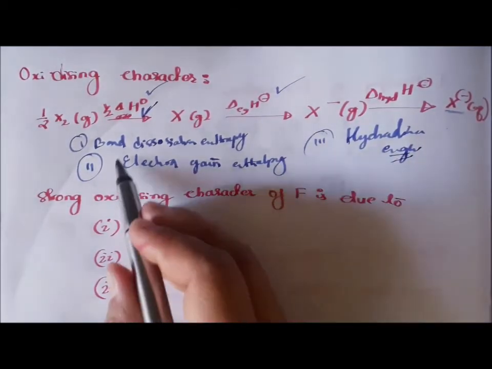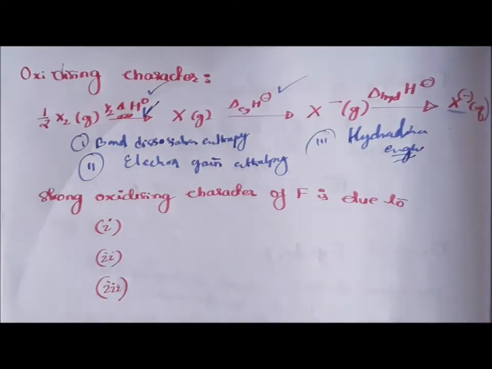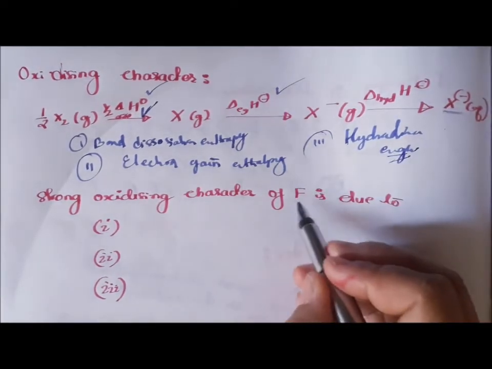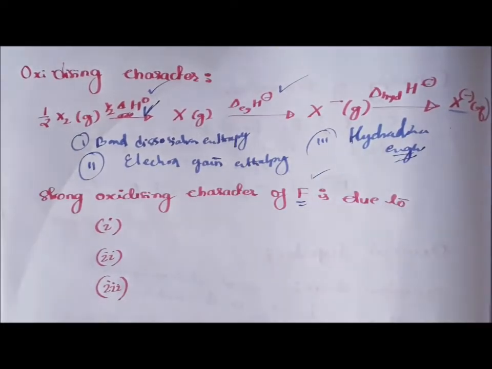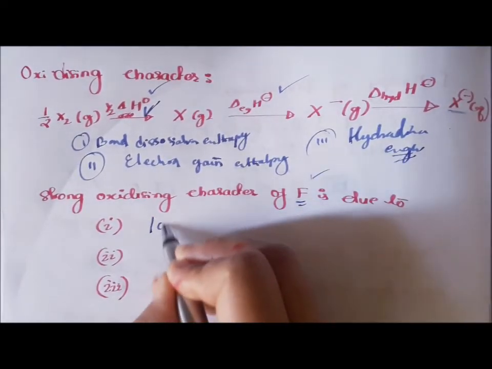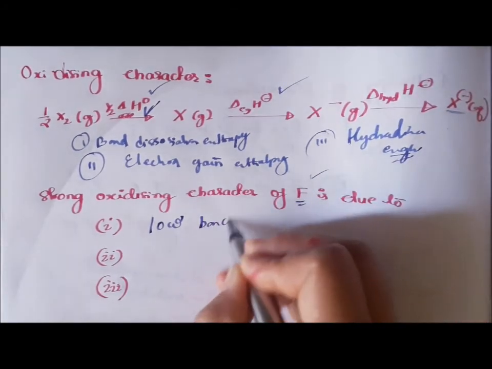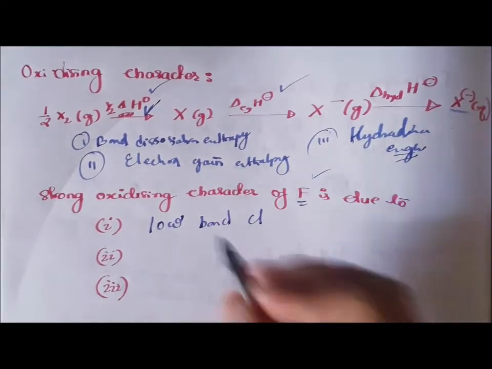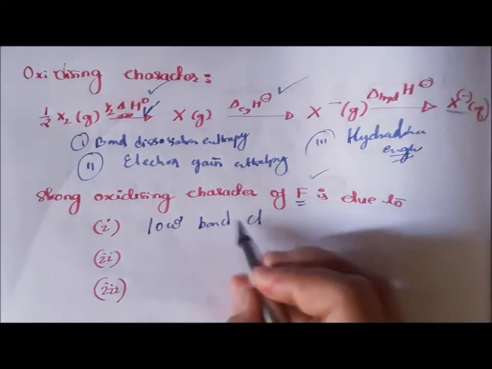Now among the halogens, the most oxidizing in character is fluorine. Why? We know that it has a low bond dissociation enthalpy compared to that of chlorine, so even though it is a strong oxidizing agent, it has low bond dissociation enthalpy.